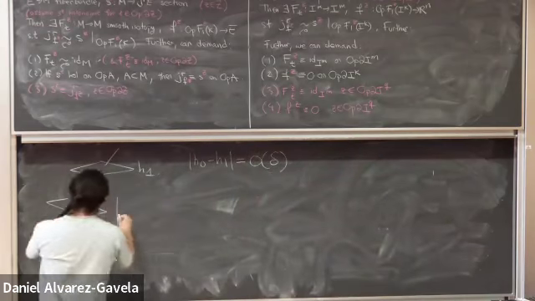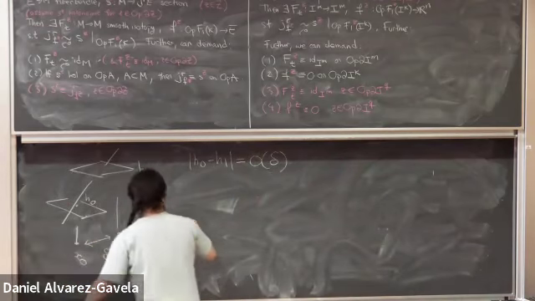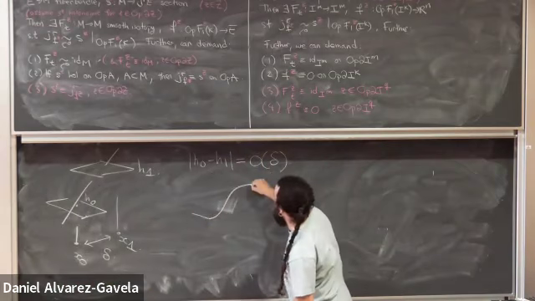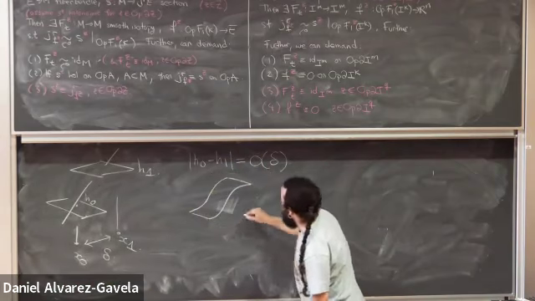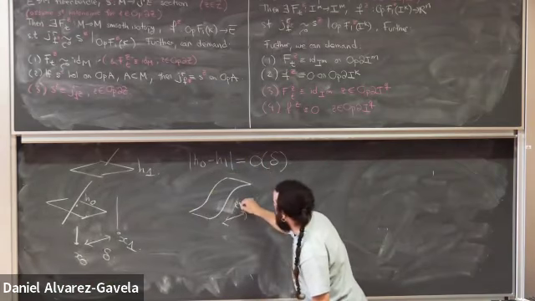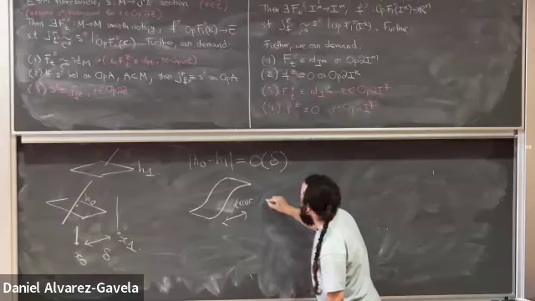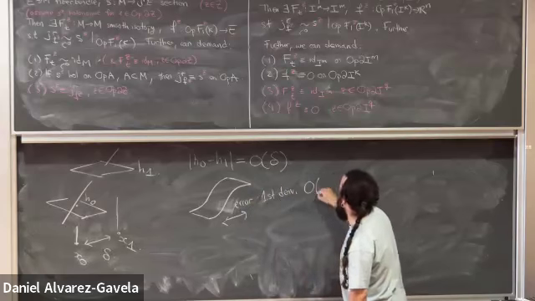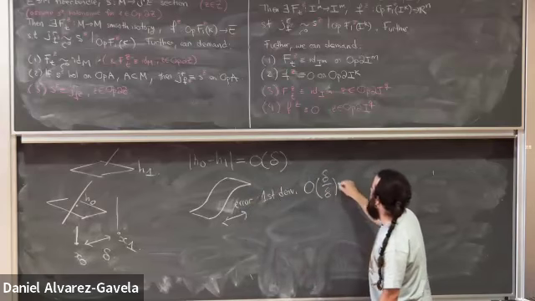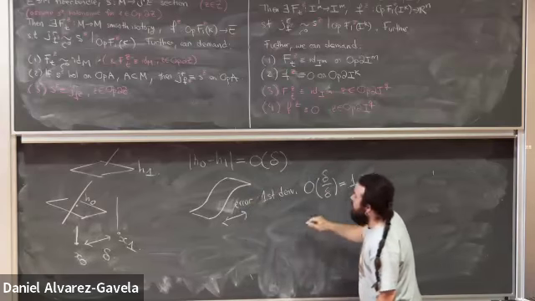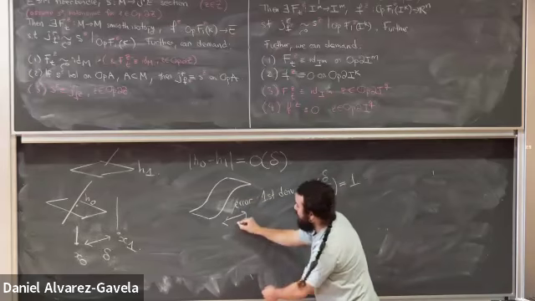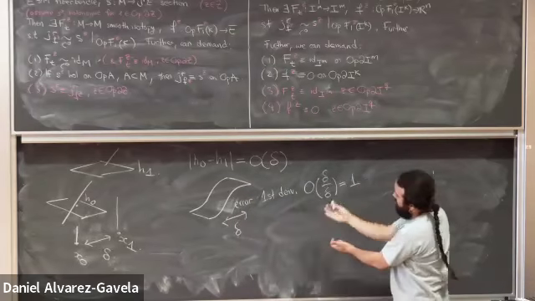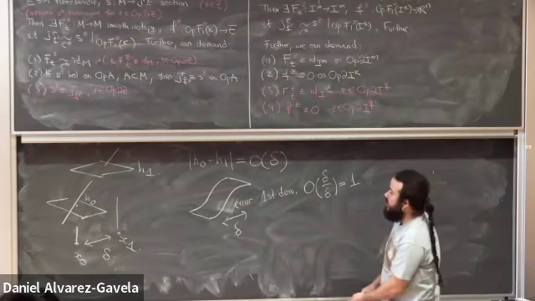So of course, if I try to interpolate in this direction, then I will get an error in, let's say, the first derivative that is O of delta over delta, which is 1. Okay, because that's how much error I spend going across delta.